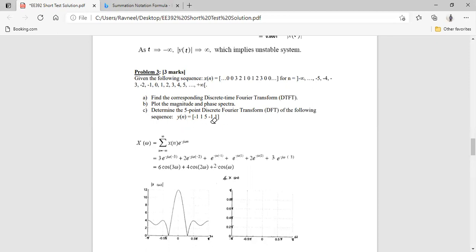While the DTFT continues towards your positive side and towards your negative side. And DFT is discrete in the frequency domain, while DTFT is continuous in the frequency domain. So that is the difference between DTFT and DFT.